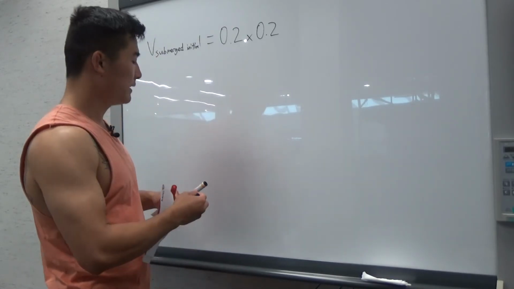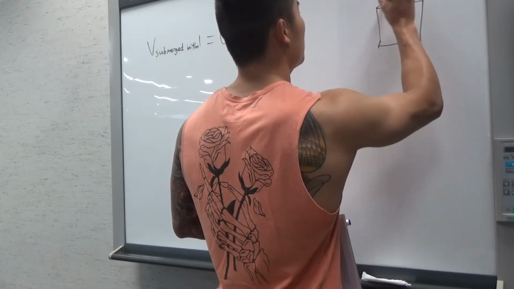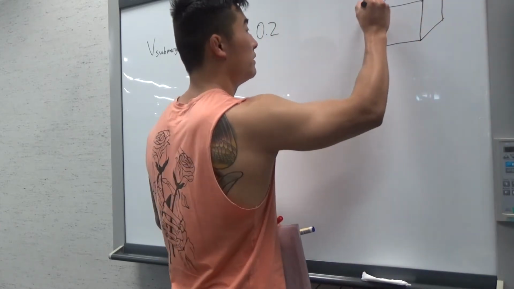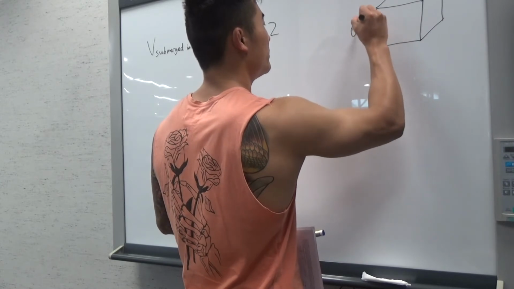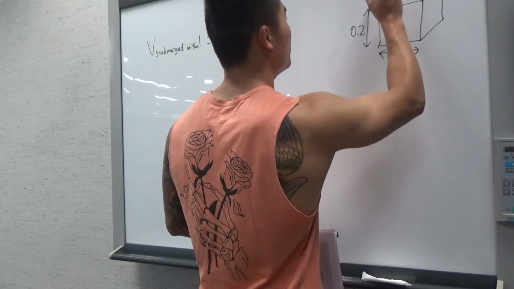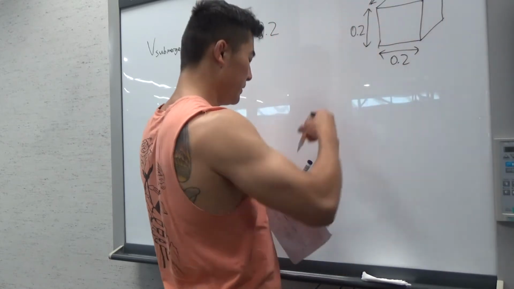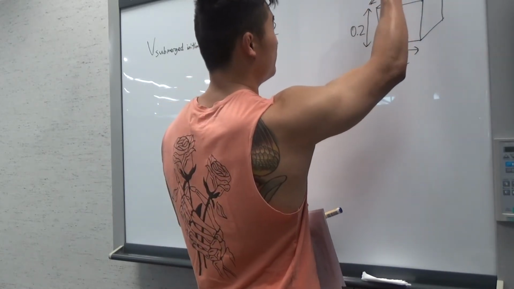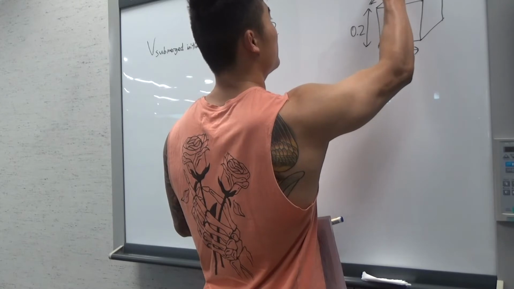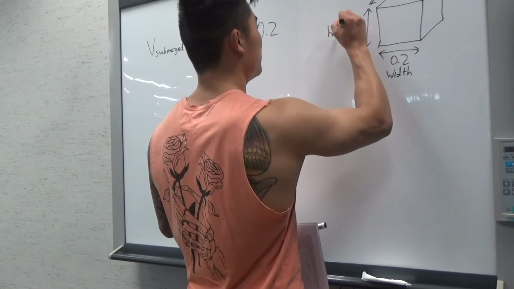And so let's say that if we had a cube here, 0.2, 0.2, and 0.2. So this will be our length, this is our width, and this will be our height.